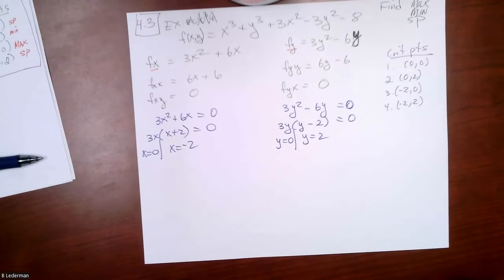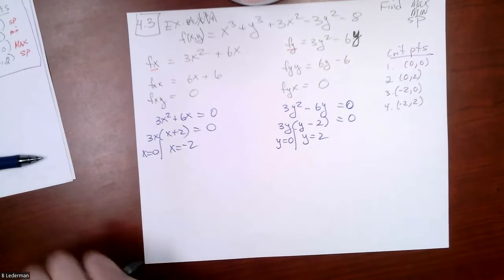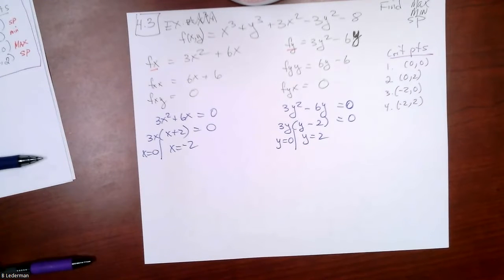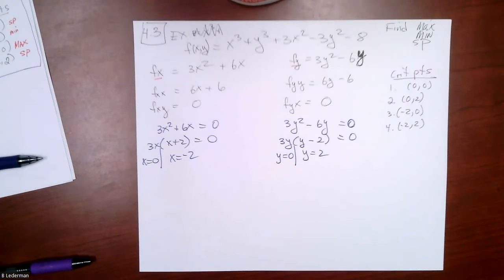But not every critical point is a max or a min or a saddle point. And even if it is, which one is it? Is it a max? Is it a min? So we have to test out each of these critical points, and we're going to use the test that we just learned in the previous video.